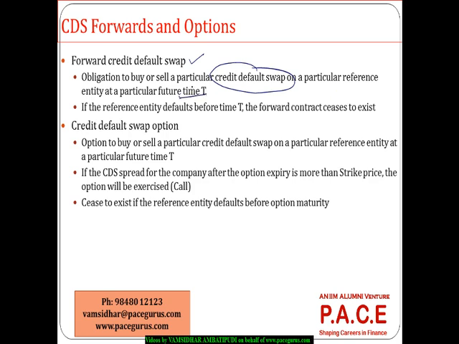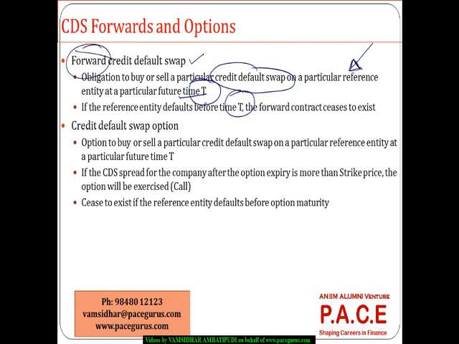So it is a forward on a swap: not entering into the CDS contract today, but at some later time t. The reference entity used for default, we will start looking at only after time t. Before that, if the reference entity defaults, then obviously the forward will expire or be cancelled.